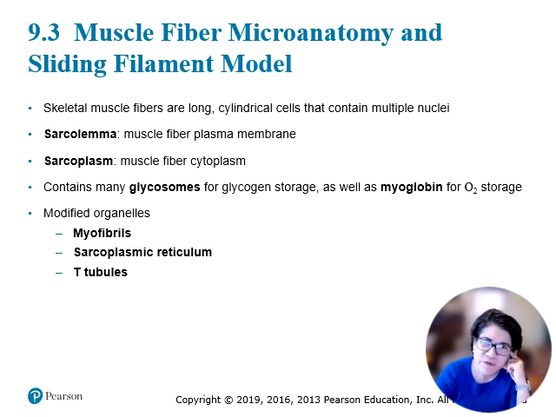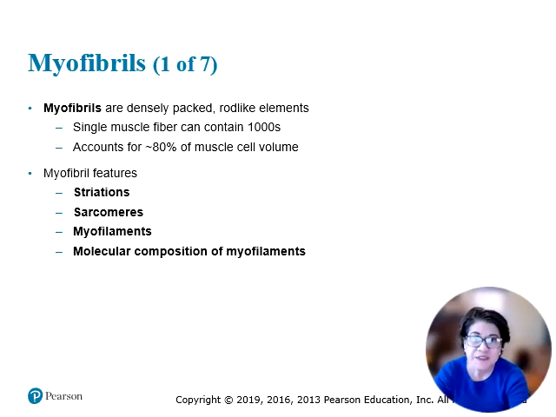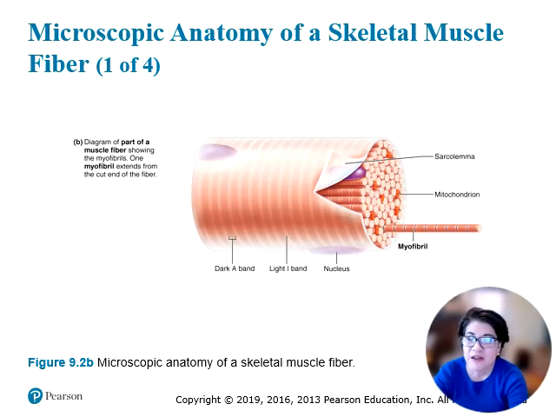And then you have some modified organelles. There are myofibrils, and there's sarcoplasmic reticulum, which is kind of like the endoplasmic reticulum, but sarco means muscle. And then there are T-tubules, and those are part of the cytoskeleton. Myofibrils are rod-like elements. They are made of protein, and they have striations, sarcomeres, myofilaments, and the molecular composition of the myofilaments.